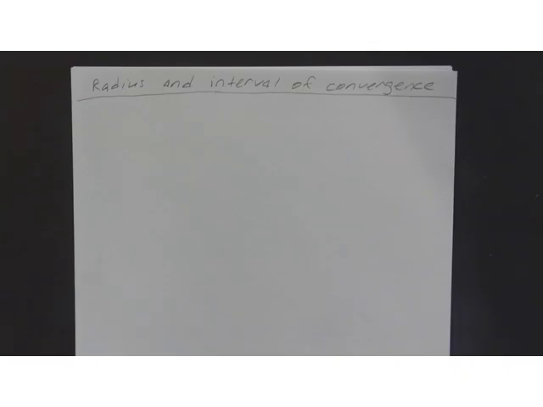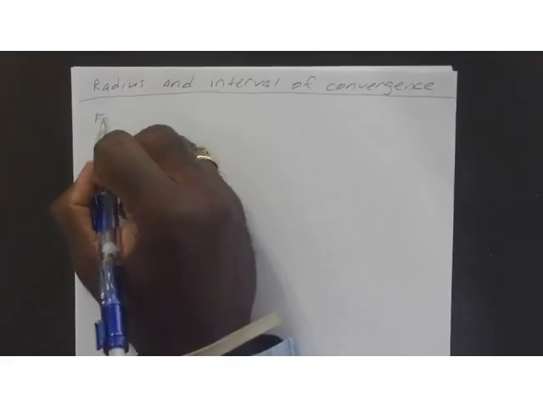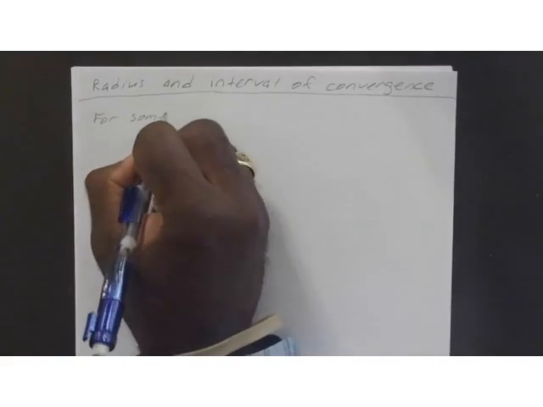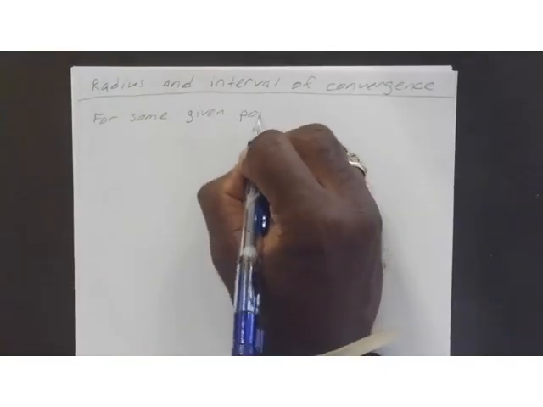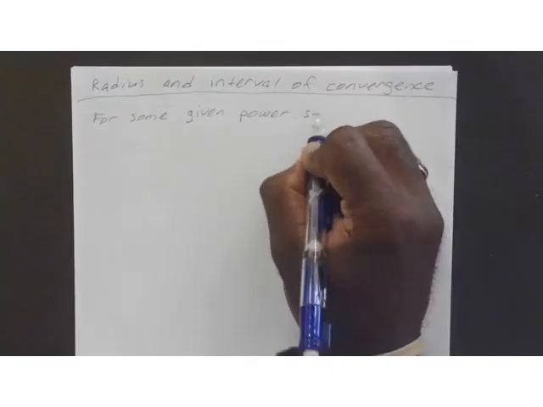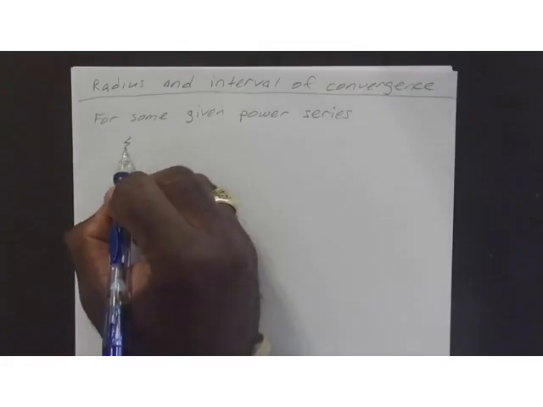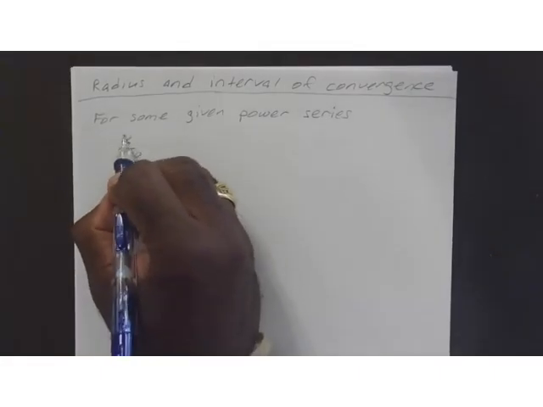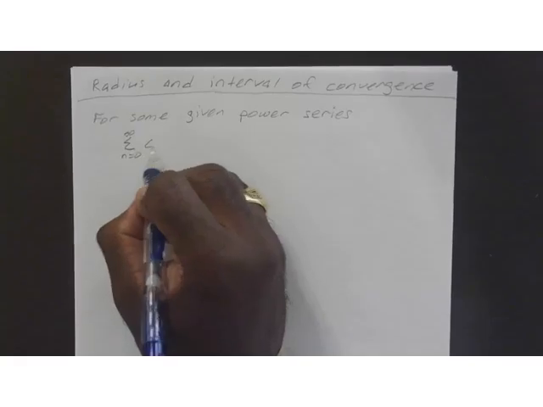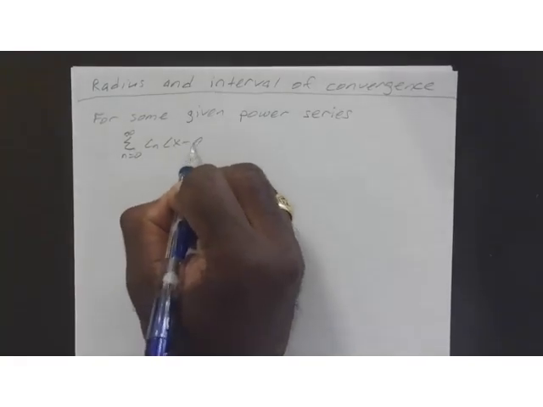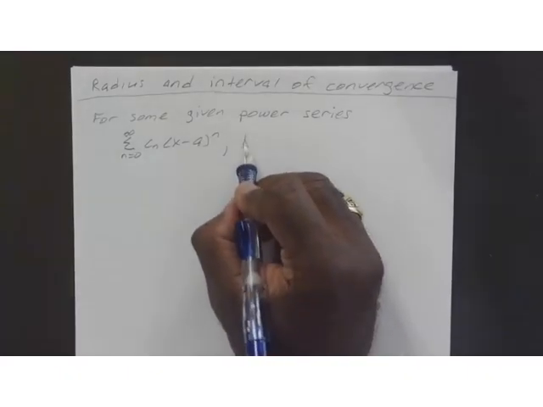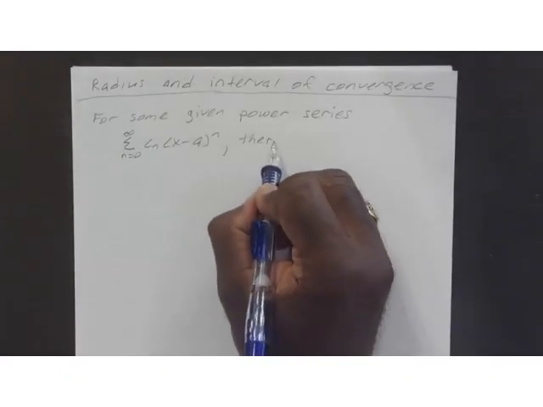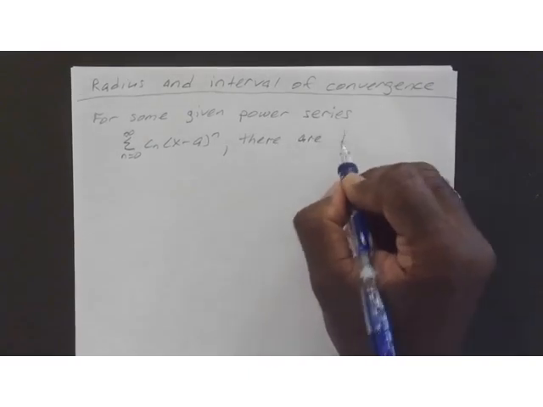Okay, so if we had some given power series, and it's in the form that we know of, the sum from n equals 0 to infinity of c sub n times x minus a to the power of n, we know there are 3 possibilities.